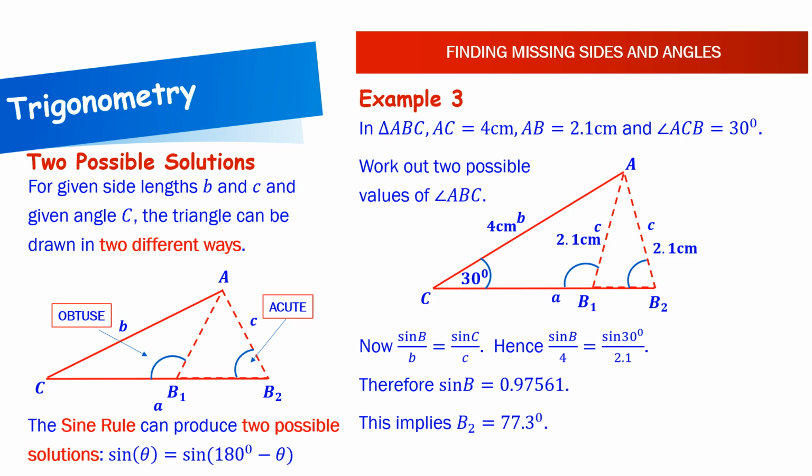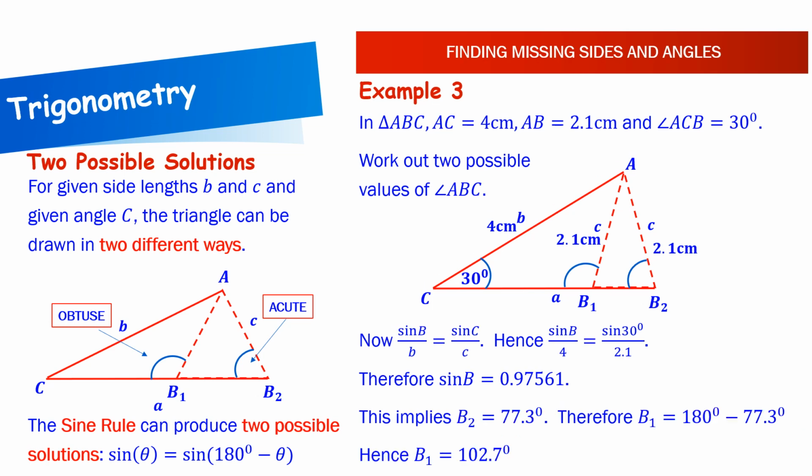What about angle AB1C? We can find this by subtracting 77.3 degrees from 180 degrees, to give us B1 equals 102.7 degrees.